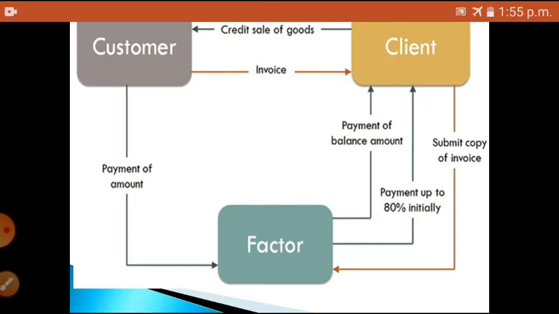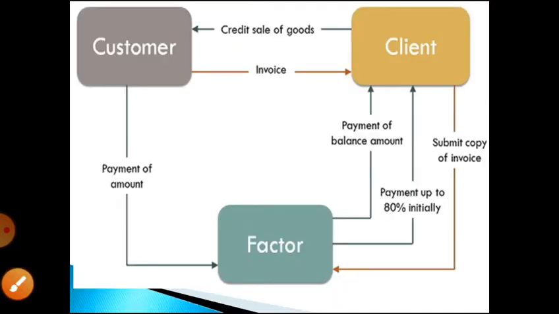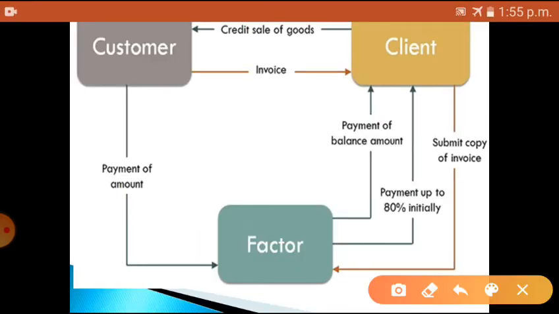First the client will sell the goods to the customers on credit basis. Immediately he will send all the invoices, asking them to pay the amount on time. If the customers do not pay the amount to the client, the client will immediately hire the factor and sell him all the invoice copies.